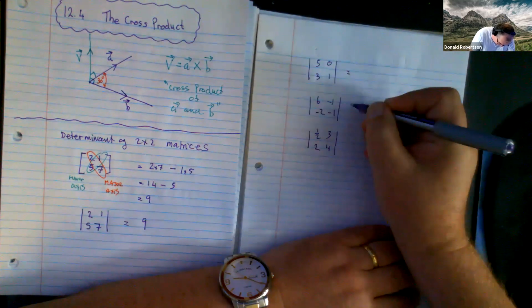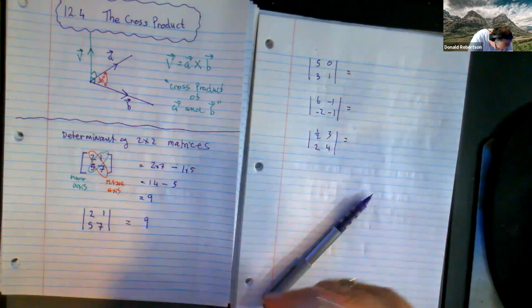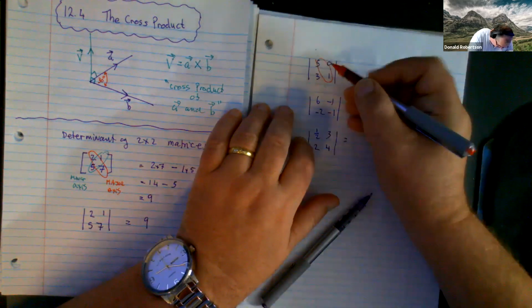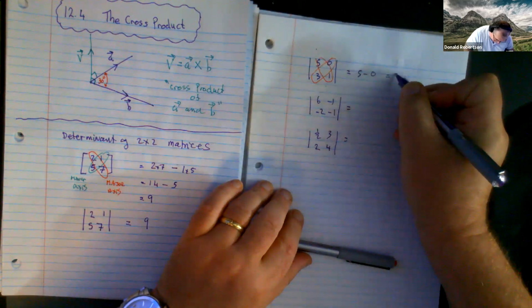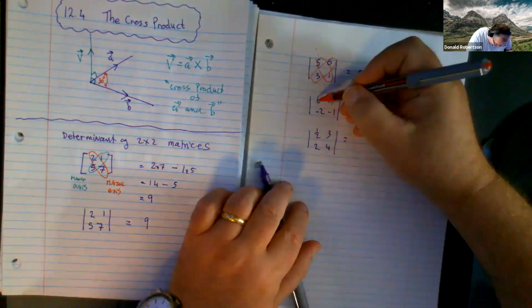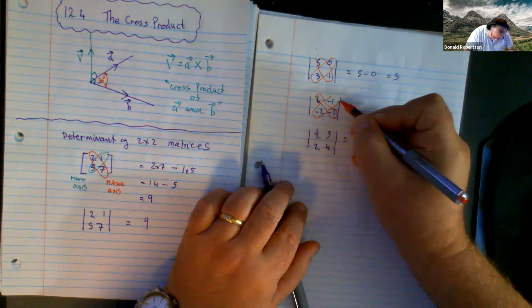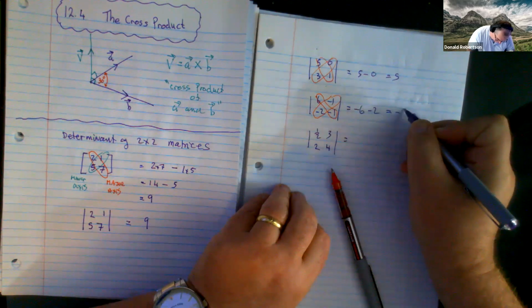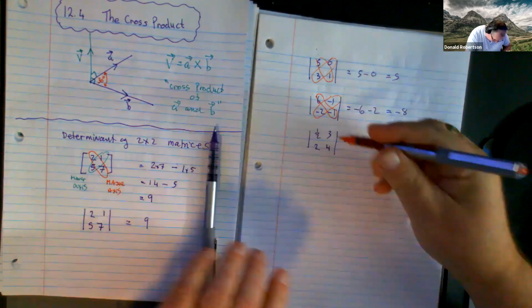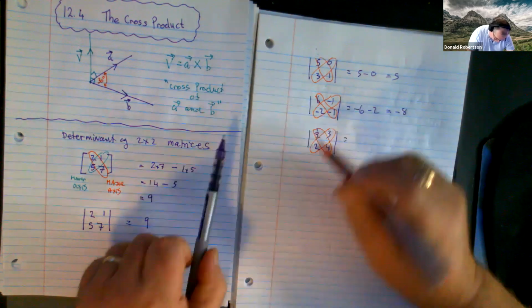And for each one, we're going to get its determinant. So it's going to be 5, take away nothing. So that one is 5. -6, take away 2. So that's -8. 2, take away 6.